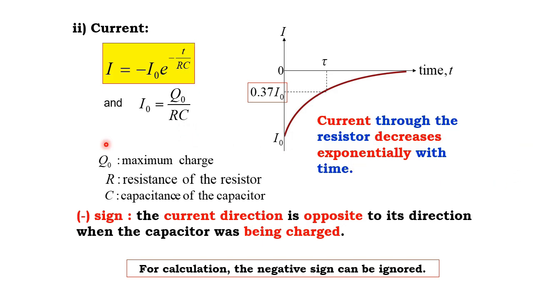Q naught is the maximum charge, R is the resistance of the resistor, and C is the capacitance of the capacitor. The negative sign in this equation refers to the current direction, which is opposite to its direction when the capacitor was being charged. So in calculation, the negative sign can be ignored.